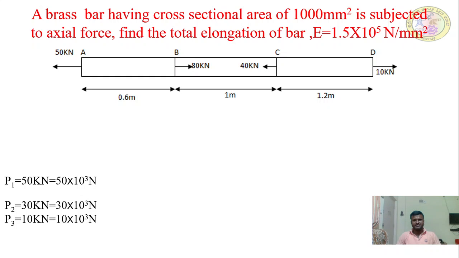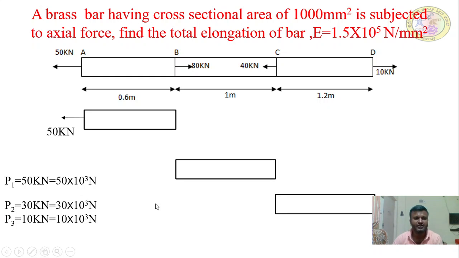AB, BC, CD is the bar having different cross sections, whereas the bar AB is subjected to a tensile force of 50 kilonewton, which is given.